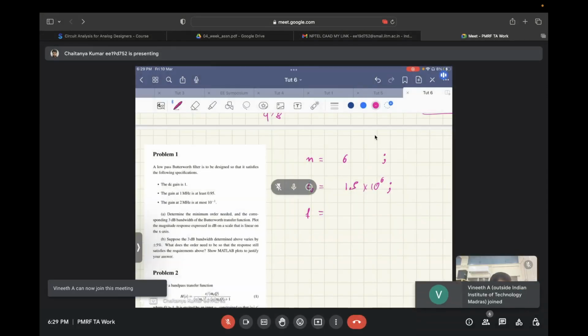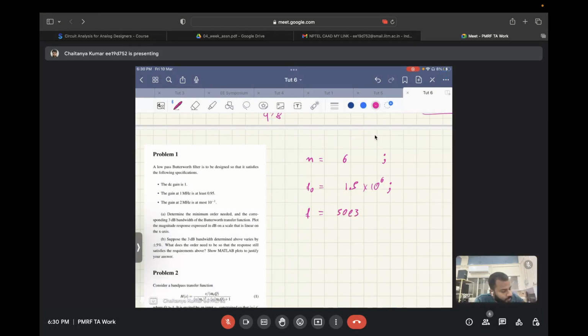Let's say you take steps of 50 kilohertz, so 50E3, and you go all the way up to 4 megahertz, so 4E6. So you created the frequency axis.